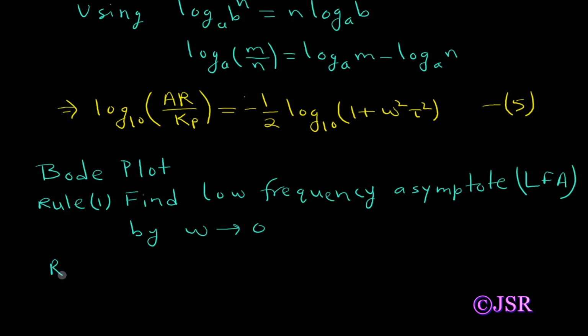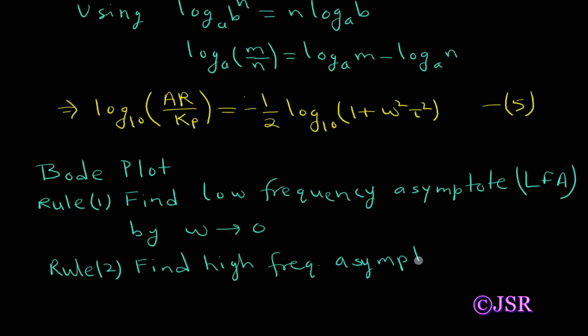Rule number 2, find high frequency asymptotes when omega tends to infinity, using both the expression for amplitude ratio as well as phase shift.